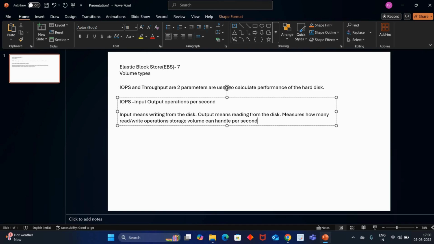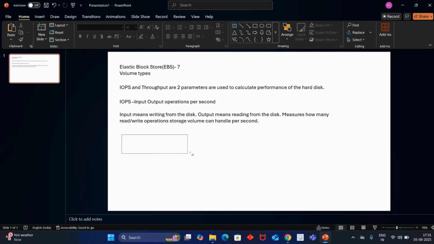That is how it calculates the performance of the hard disk: it measures how many read or write operations can be handled by the storage volume per second. This is called IOPS.